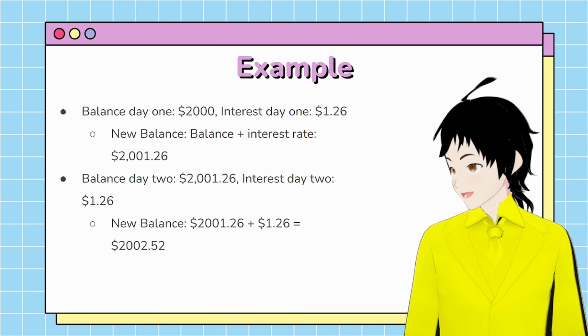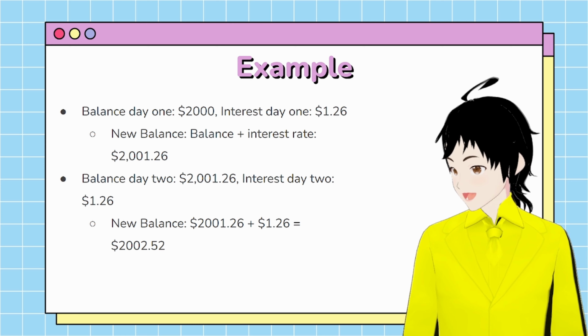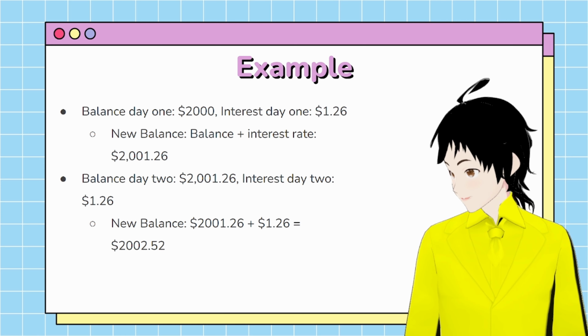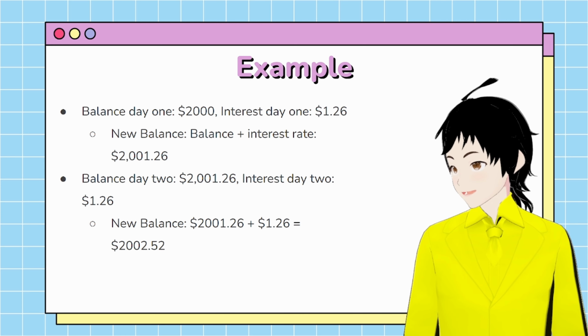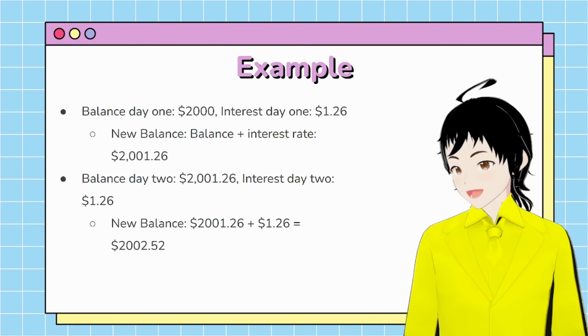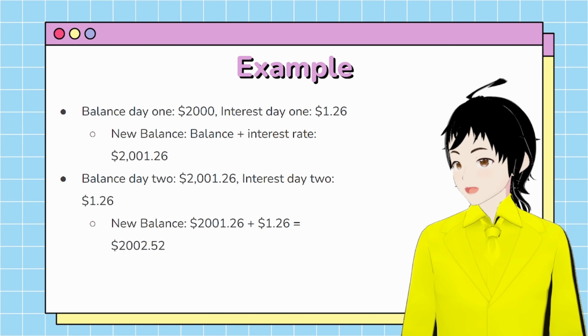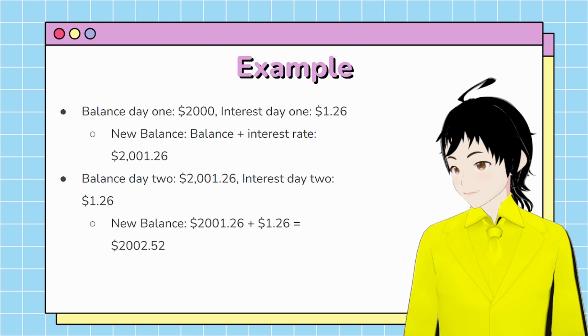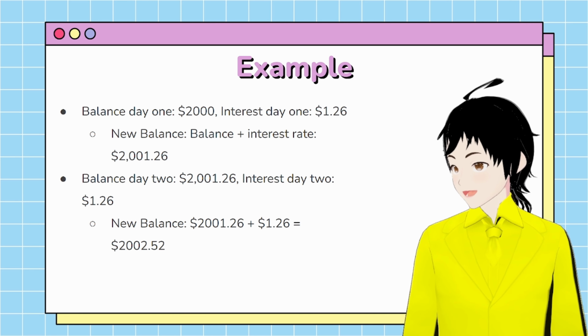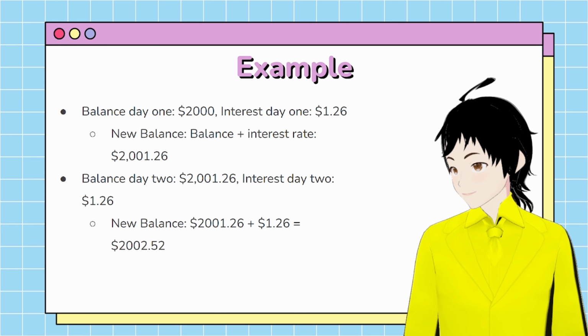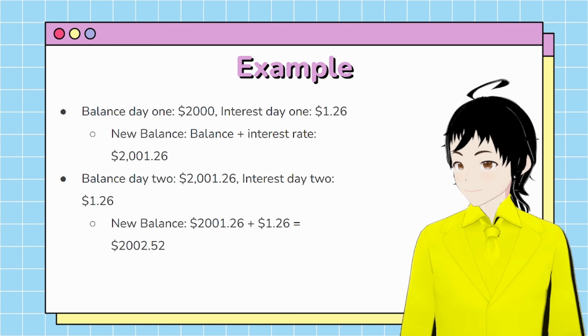Assuming that we don't pay off anything, on day two, our balance is going to increase to $2,002.52. Notice that from day one to day two, we're still getting charged the same interest, that $1.26. So every single day, we're going to get charged around that $1.26, and it's only going to increase.